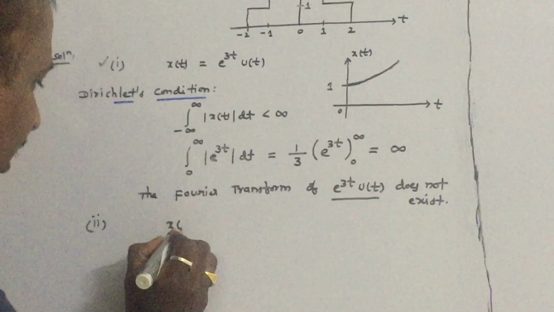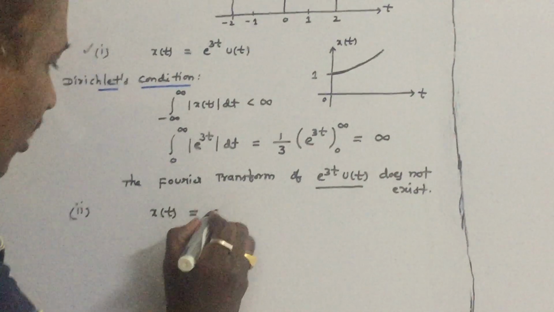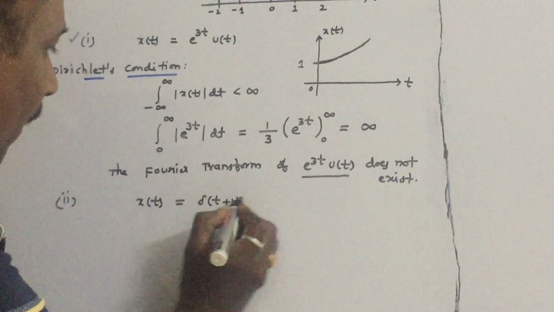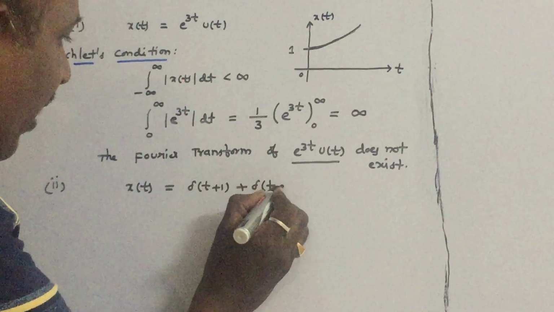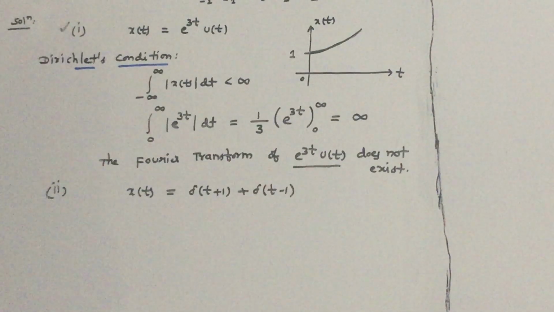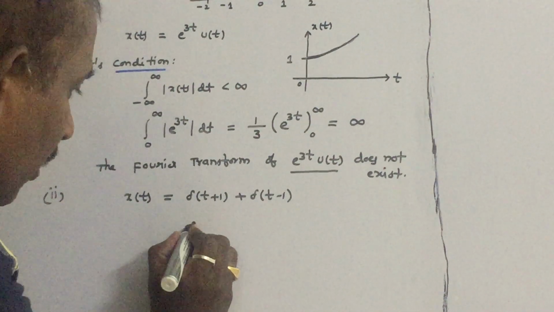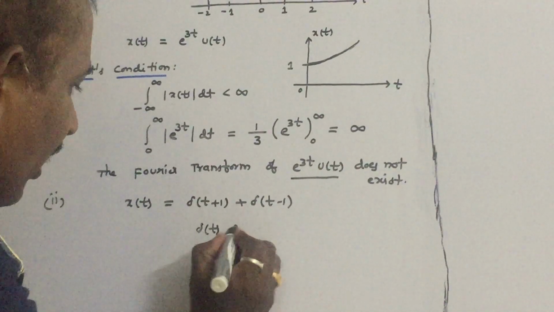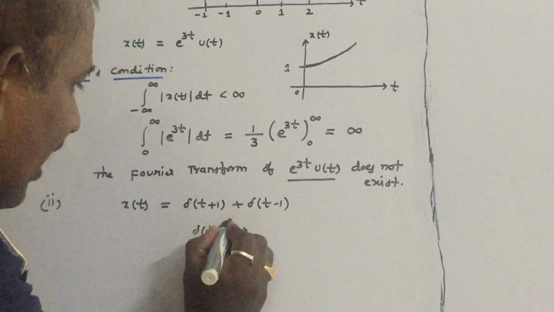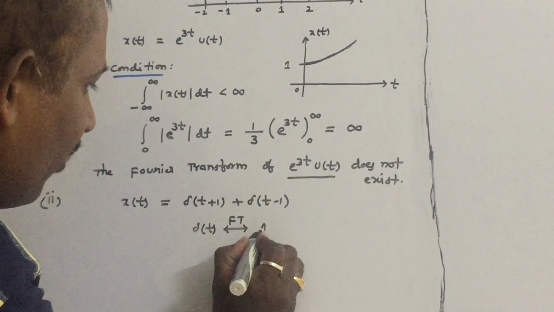Here x of t is given as, let us say, x of t is equal to del of t plus 1 plus del of t minus 1. So as you know, what is the Fourier transform of del of t? As explained in the basic standard signals of Fourier transform, the Fourier transform of del of t is 1.